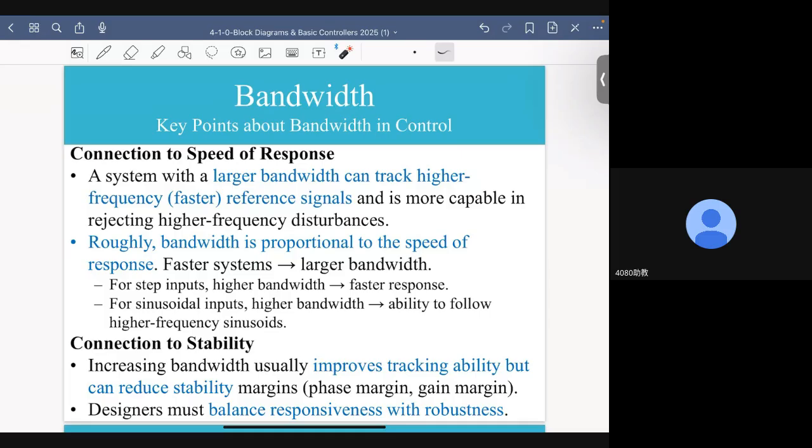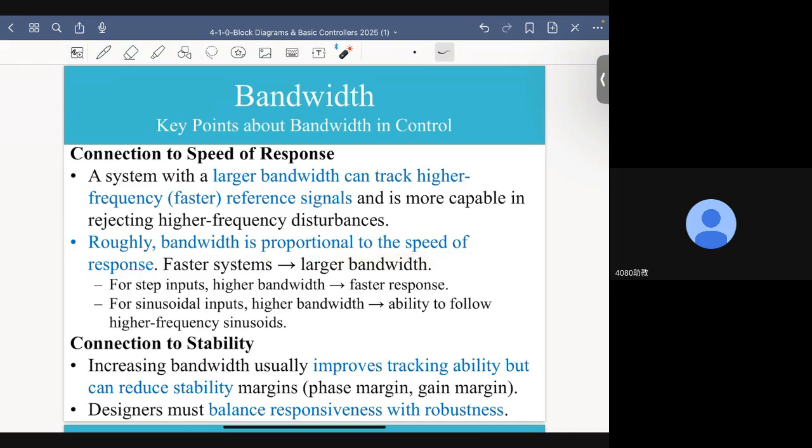So roughly speaking, bandwidth is proportional to the speed of response, okay? A system with a larger bandwidth usually means that system has a faster speed of response.